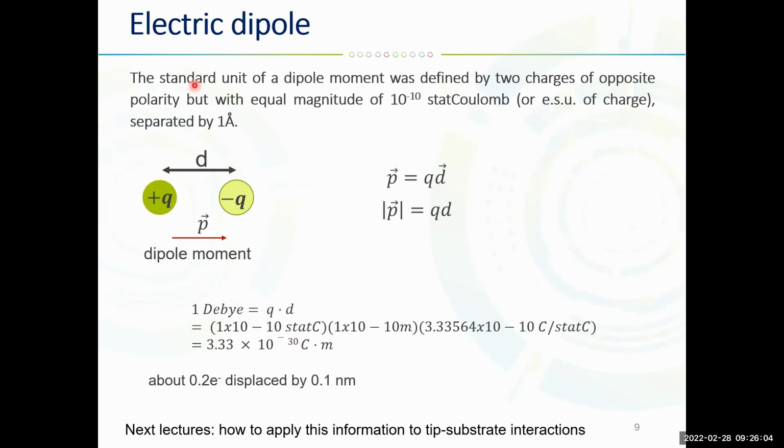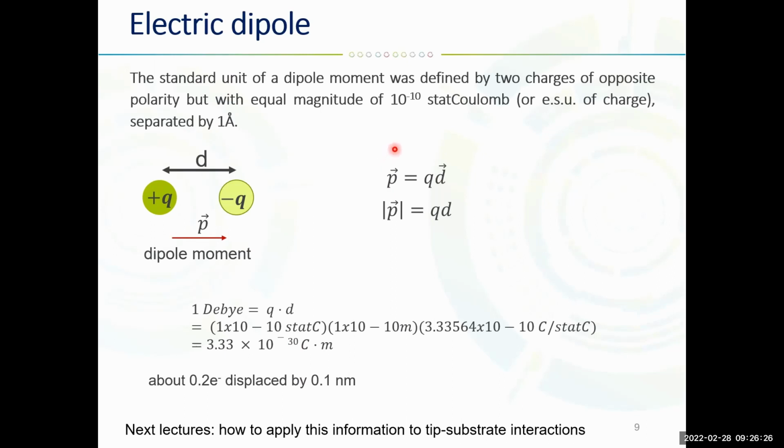So let's review the definition of a dipole moment. You have two charges, plus q and minus q. They're separated by distance d. Then we say a dipole moment, which I show here as the symbol p, develops.